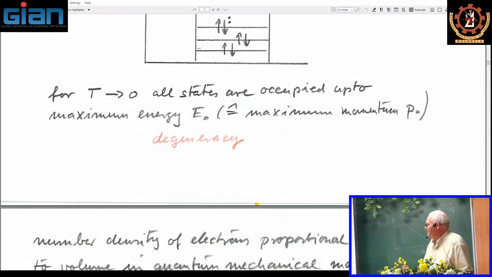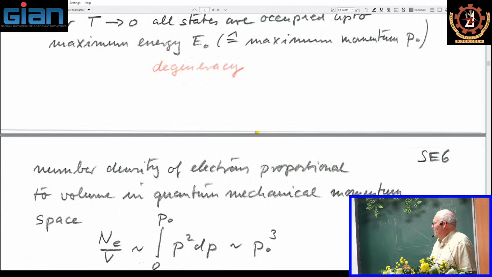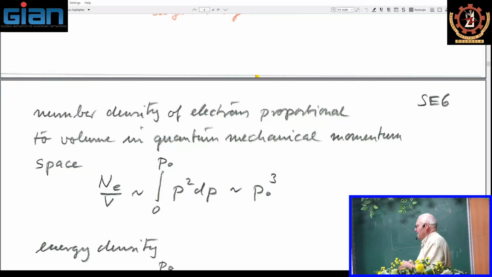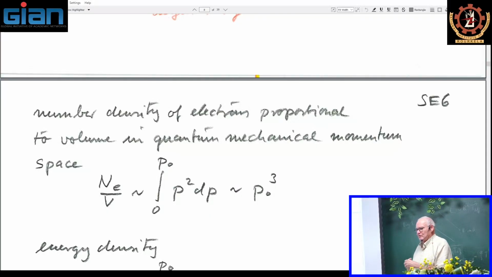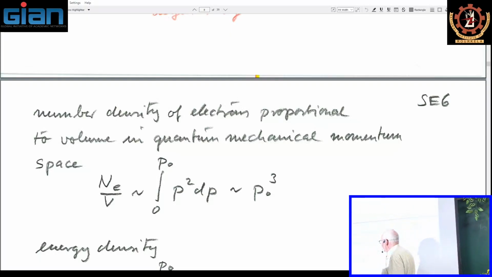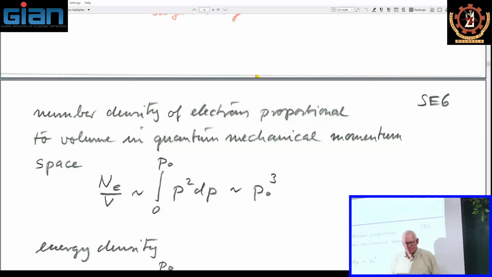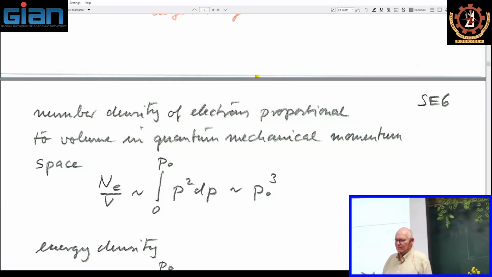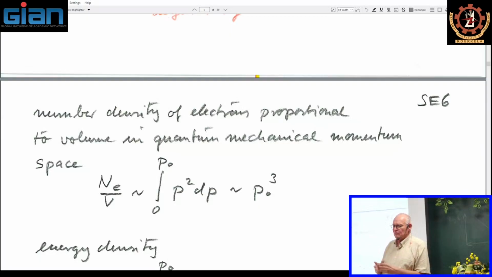Okay, what does it mean? Well, now we would like to take this picture and know the relation between the number density, the maximum energy, or the maximum momentum of our electron distribution. The number of electrons will be proportional to the phase space available to the electrons.